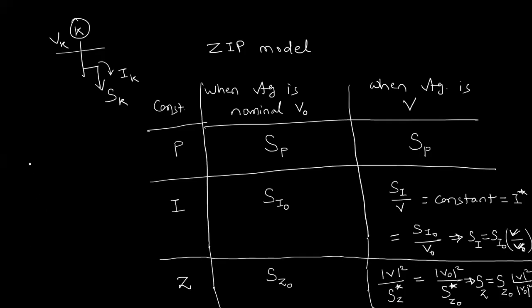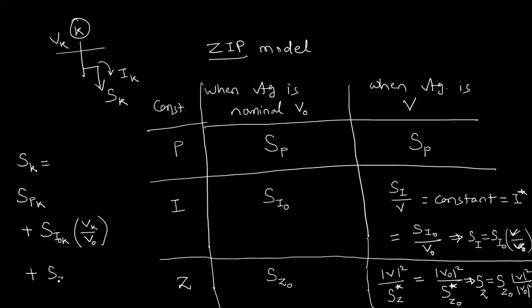So what is the conclusion ultimately? When we have all three ZIP components present in the system, the total load at the kth bus can be represented like this. Here we have SP at the kth bus, so I am writing it with suffix k. Then plus we have SI0 at suffix k into V by V0, so here V is again Vk.